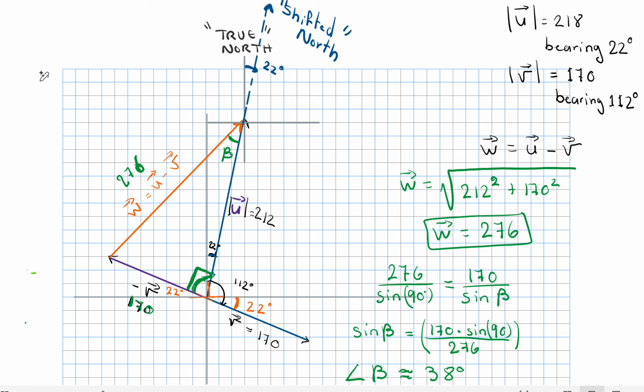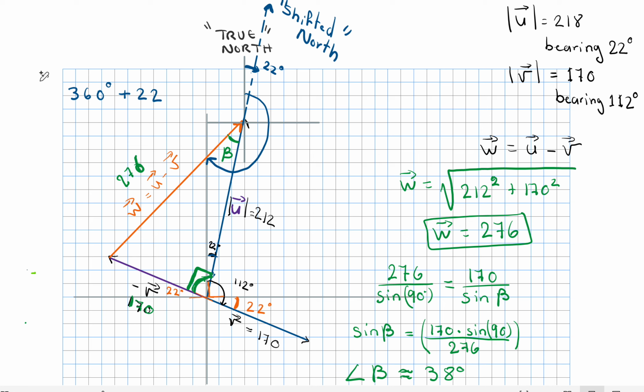I'm going to have to account for that. So when I have beta, the bearing of beta would really go from here to there, right? So it will be 360 minus my 38 degree here plus my 22 there. So I would need 360 degree plus my 22, because I lost that, right?